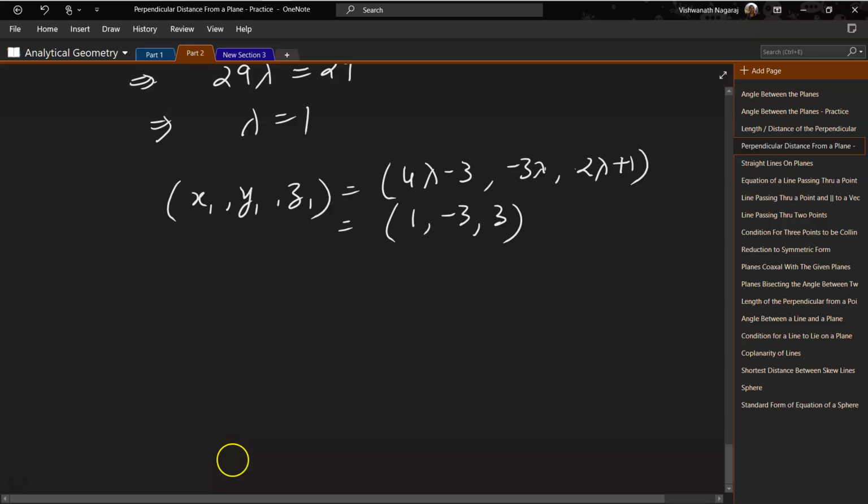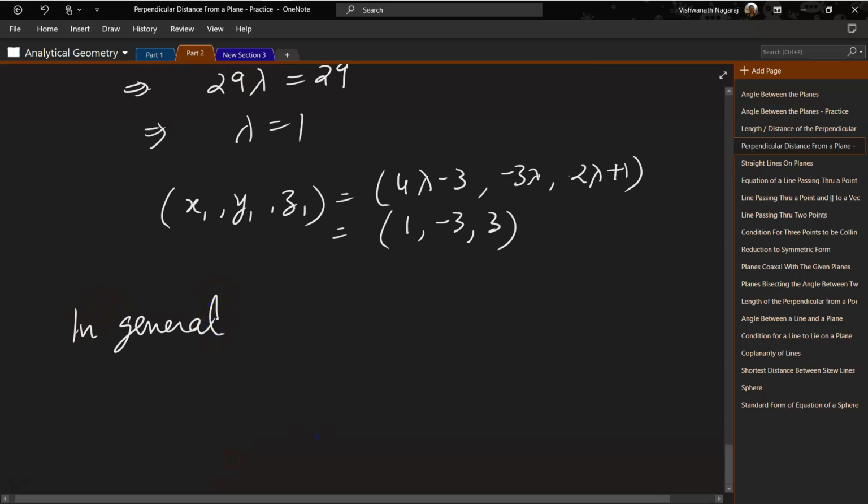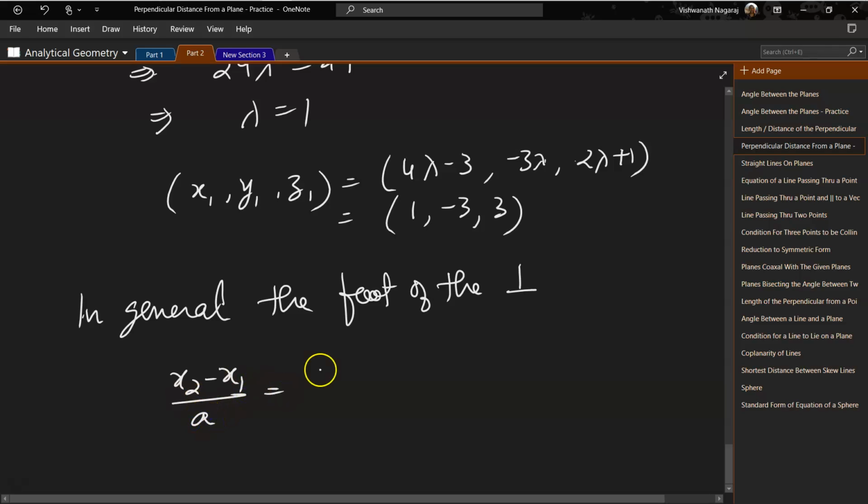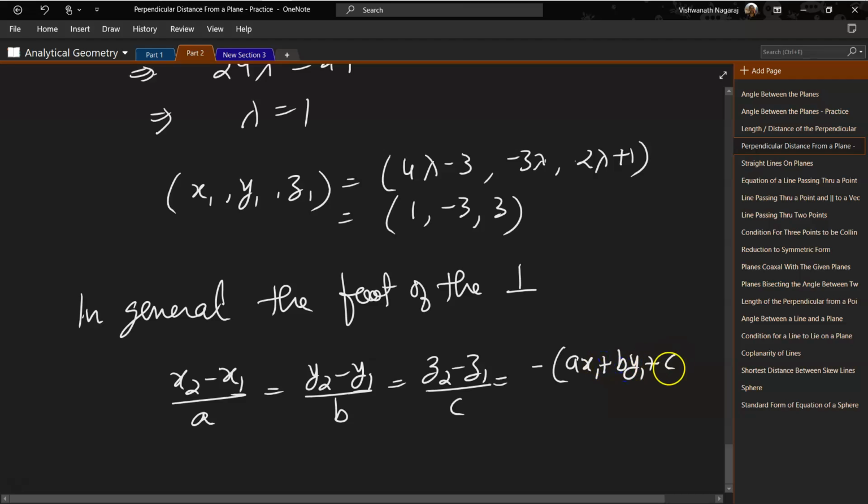Okay, and by the way, if we generalize the process that we followed, in general the foot of the perpendicular is given by (x2 minus x1) by a is equal to (y2 minus y1) by b is equal to (z2 minus z1) by c equal to minus (ax1 plus by1 plus cz1 plus d) divided by (a square plus b square plus c square).